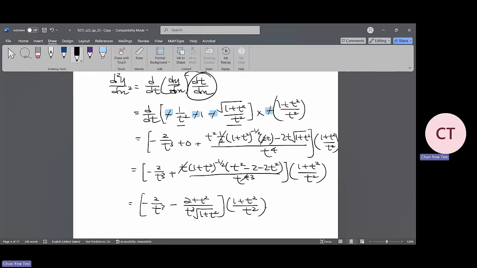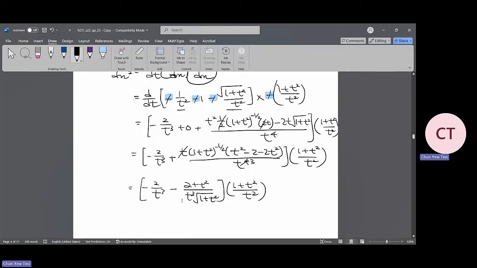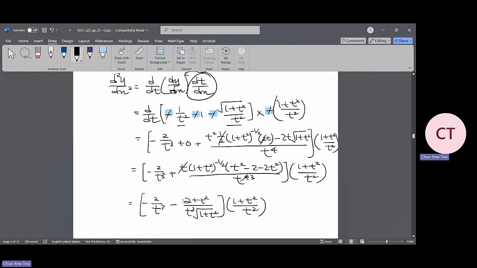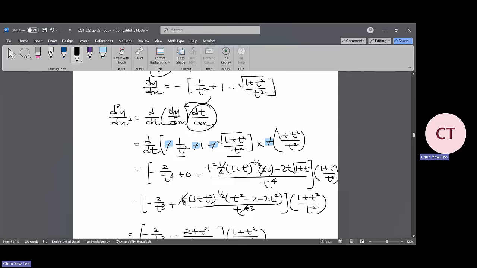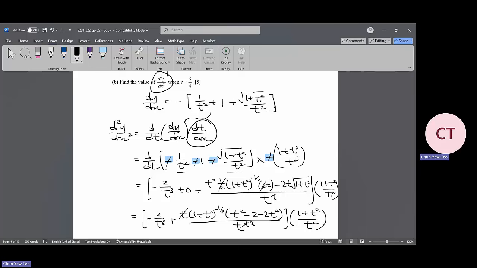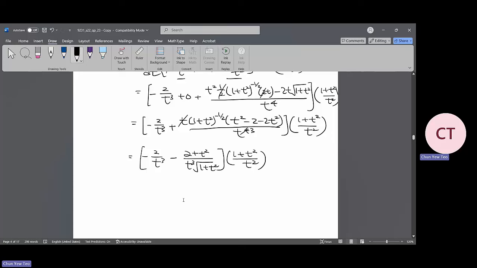Okay, so it's kind of complicated over here, but we do not need to simplify further because the question does not require us to simplify them. The question only wants to find the value when we substitute t equal to 3 over 4. So over here, we can stop at here.